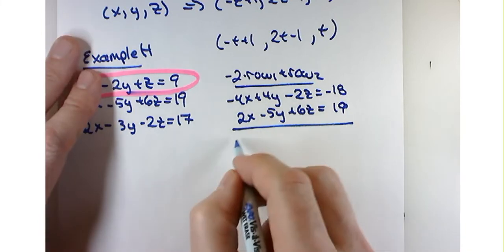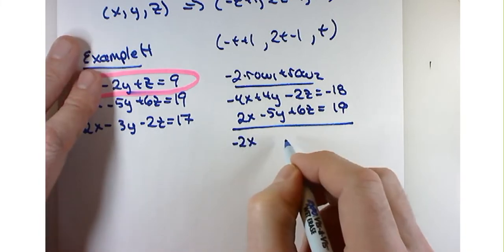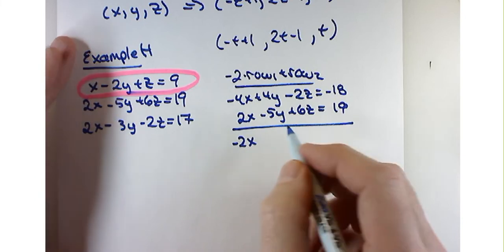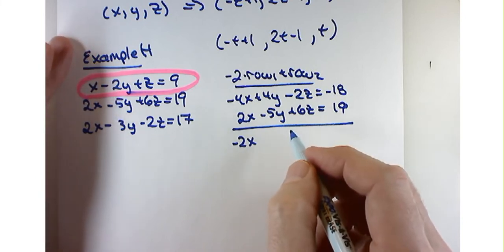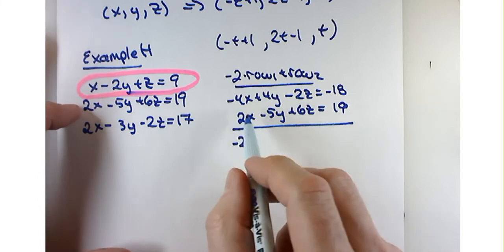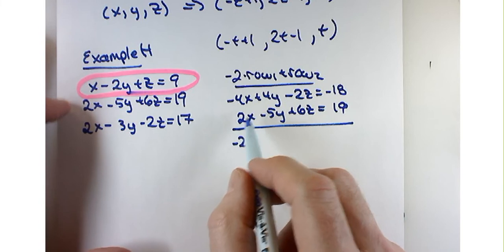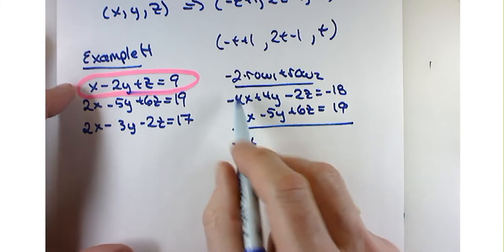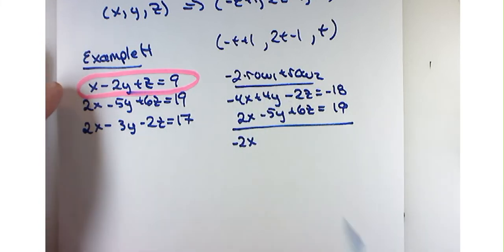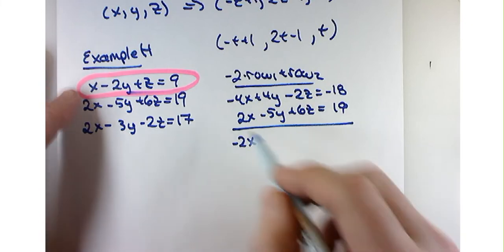Oh, wait a minute, I screwed up someplace. I was supposed to multiply this by -2. Rats. Let me try that again.